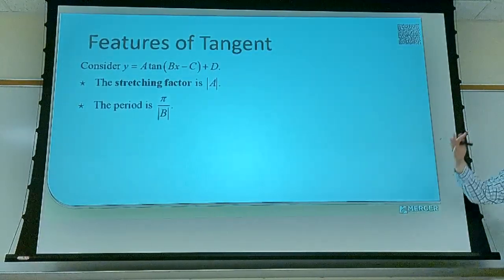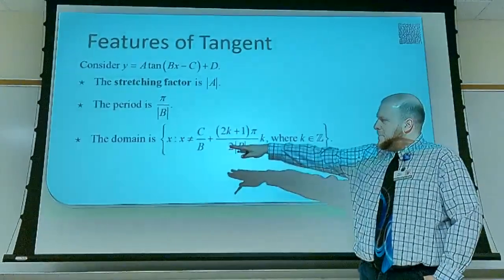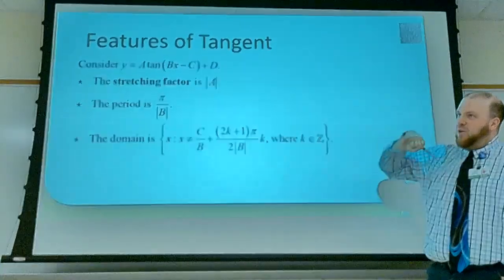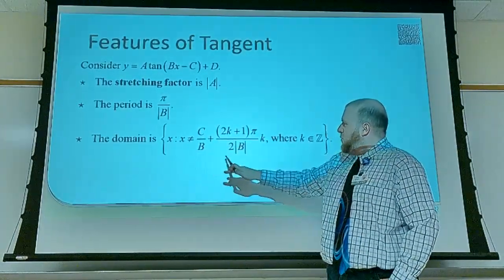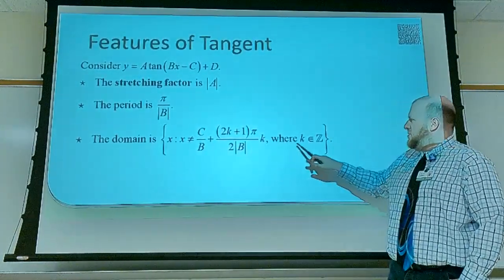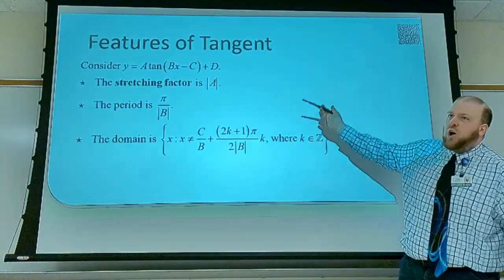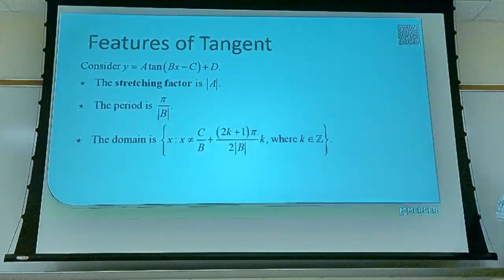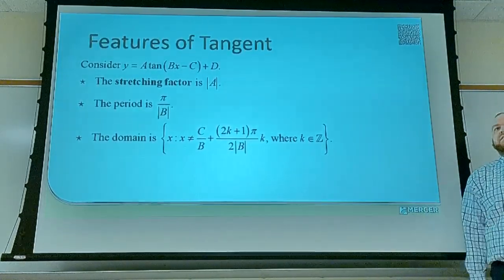Obviously, if you multiply your x by something, that changes. Domain is the set of all real numbers except those of this form. Tangent is just sine over cosine, right? It's going to be undefined wherever your cosine is 0.